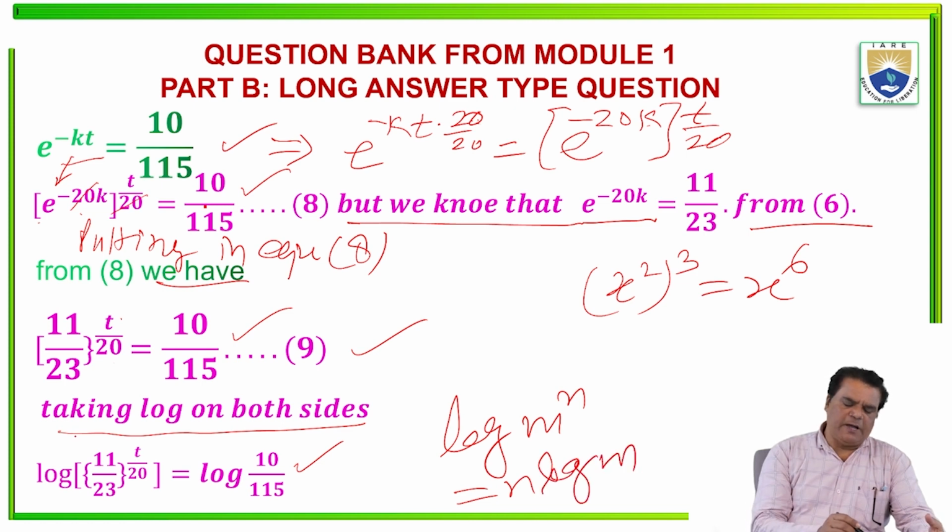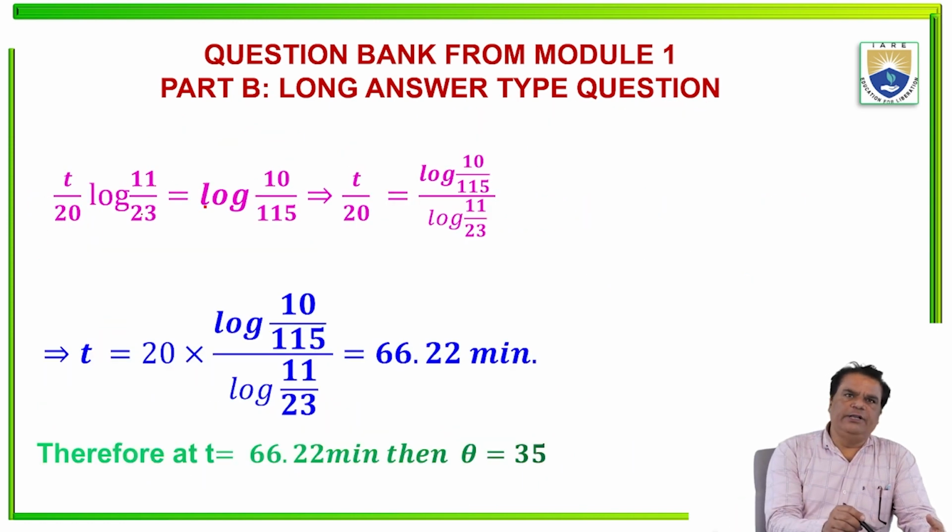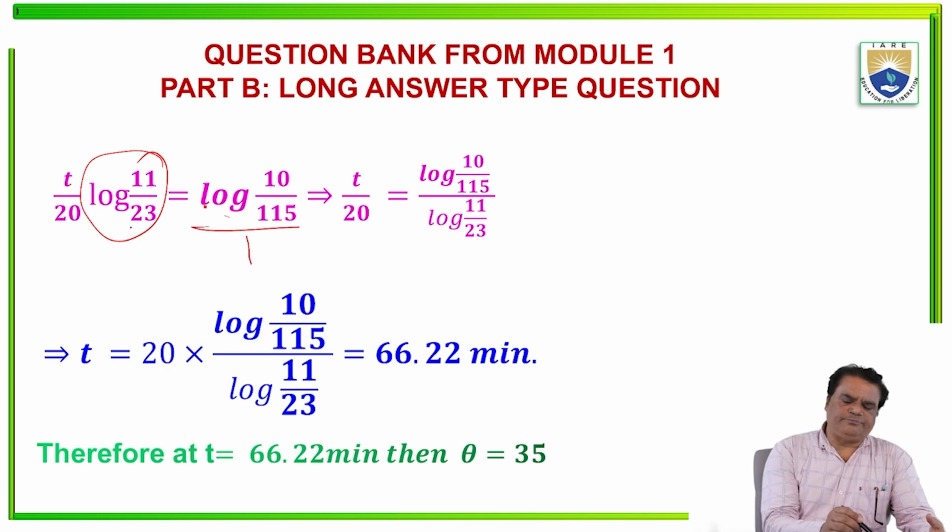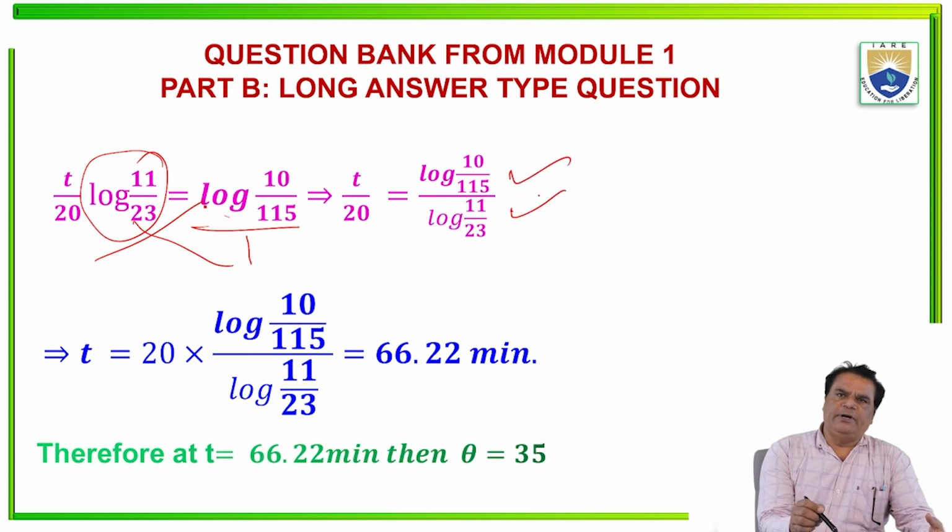Similarly, this power goes before, so t upon 20 log 11 upon 23 equals log 10 upon 115. This term goes to the denominator. Cross multiply, then we get t upon 20 equals log 10 upon 115 upon log 11 upon 23. After solving this with the help of a calculator, we find the value.